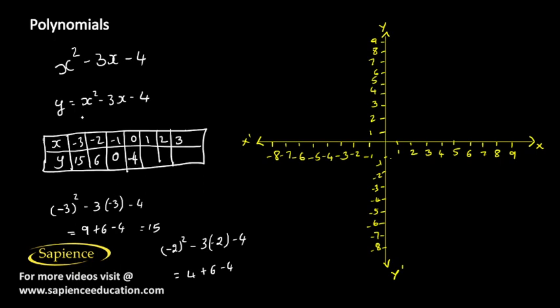And what happens when we substitute 1? So 1 minus 3 minus 4, which is minus 6. And what happens for 2? When we substitute 2 we get 2 square, which is 4, minus 3 twos are 6, minus 4, which is minus 6.